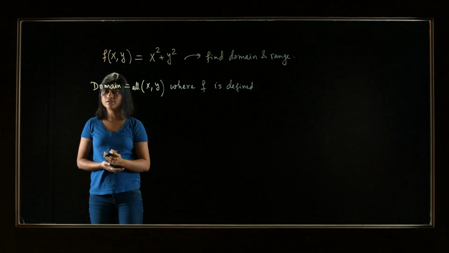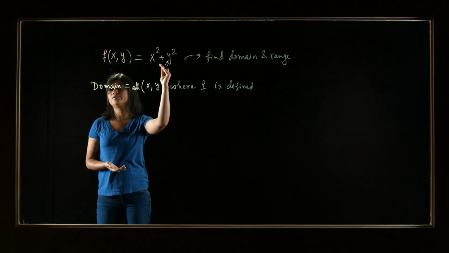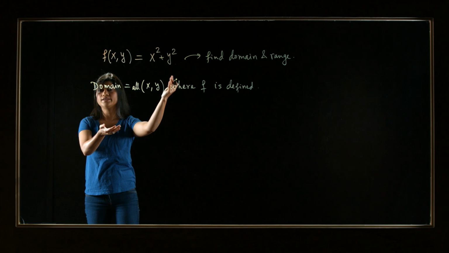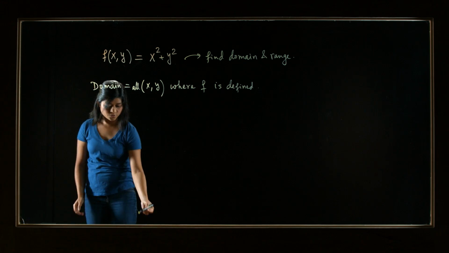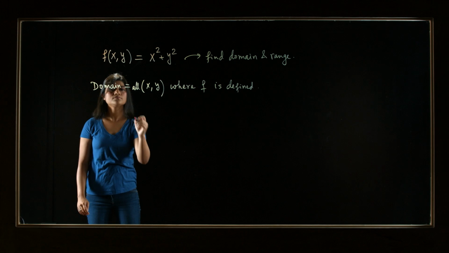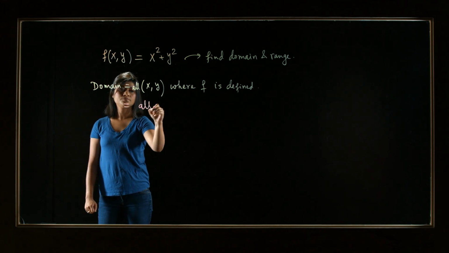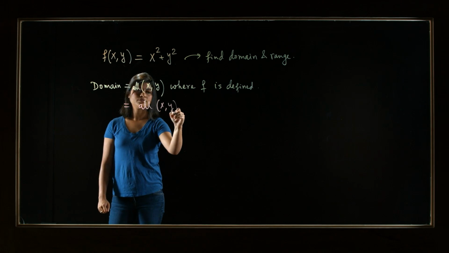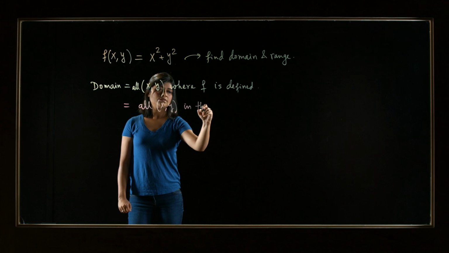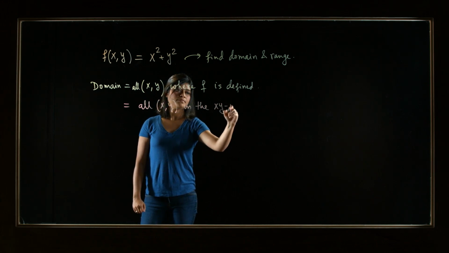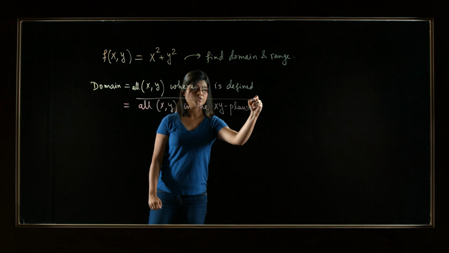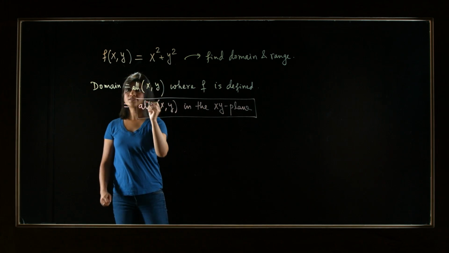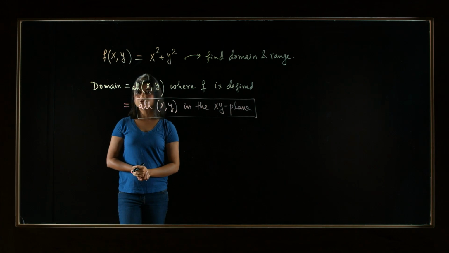Zeros will be okay as well. So every possible x comma y can be plugged in and you will get an output. Therefore, the domain is all x comma y in the xy plane. So the whole xy plane is in the domain of this function.